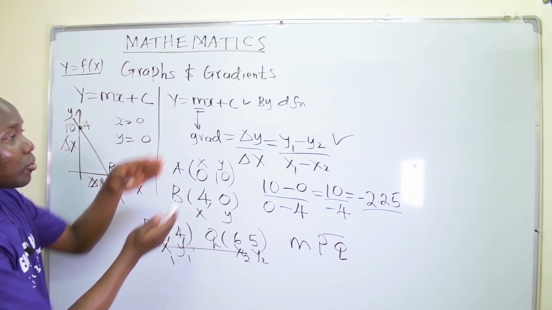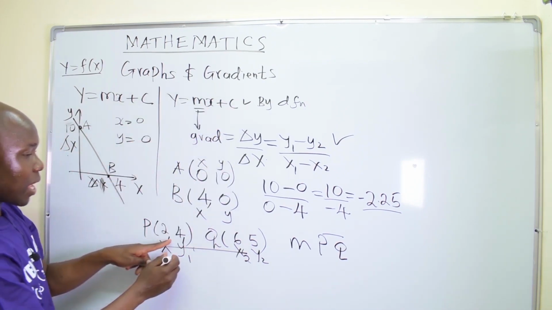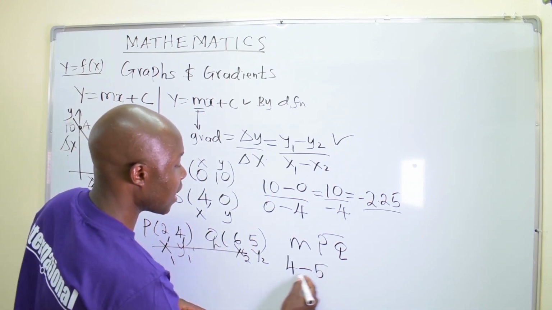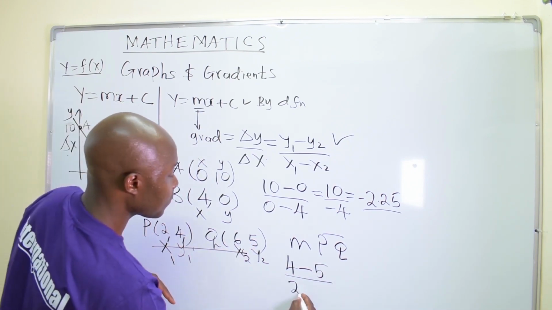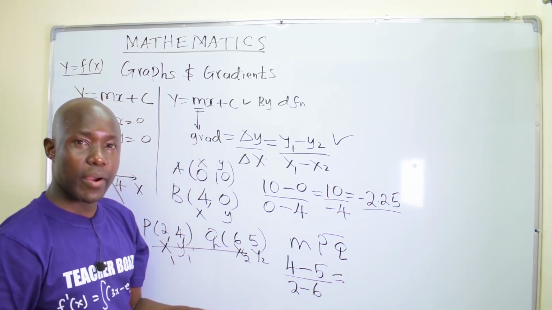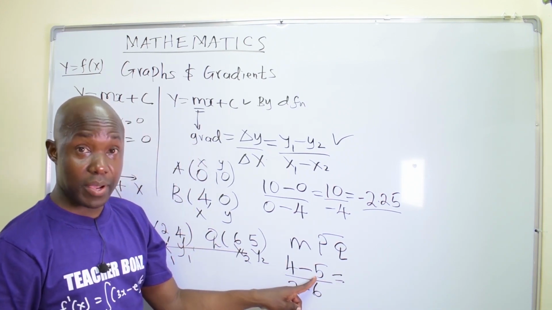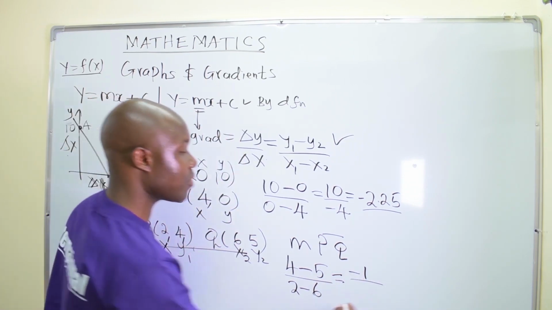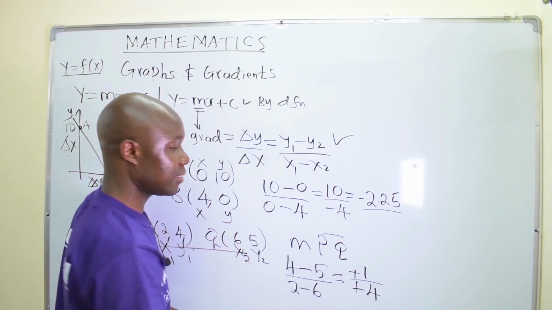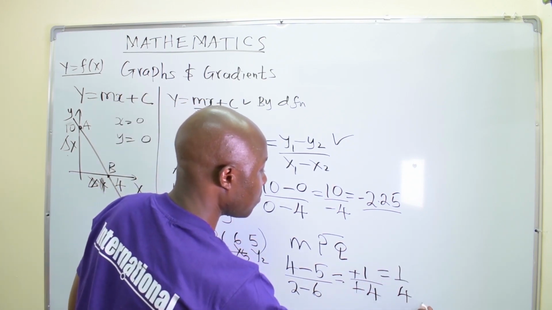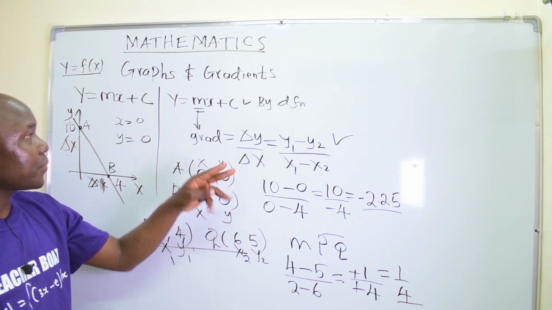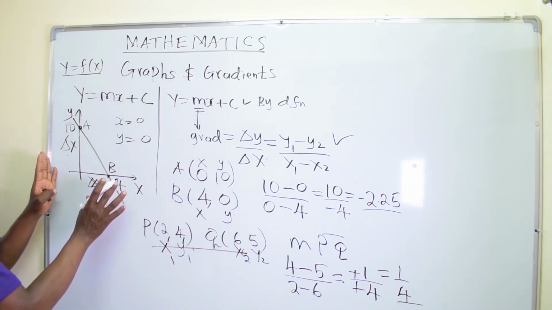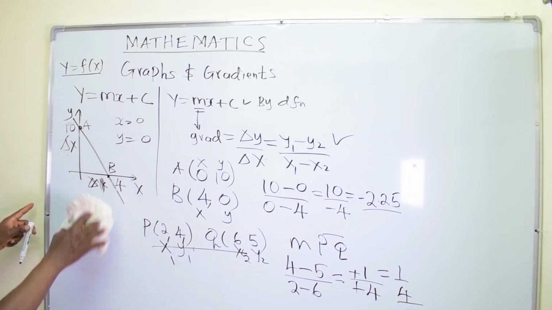Then you go back to the definition, and you start maybe with 4 minus 5 over 2 minus 6. Remember, whenever you take a smaller number minus a bigger number, you get a negative. So we get negative 1. 2 minus 6 is negative 4. Remember, the negatives cancel out. So we get a quarter. So 1 over 4 will be the gradient of that line. But you need to always go back to the definition of that.